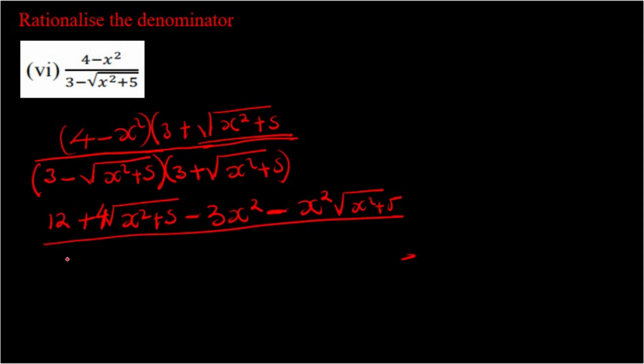Then 3 times that is 9. Then 3 times that will be positive 3 root of x squared plus 5. Then this one times that one is negative, so that is negative 3 root of x squared plus 5.